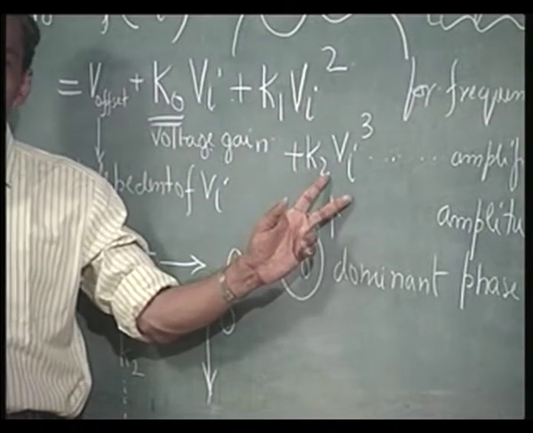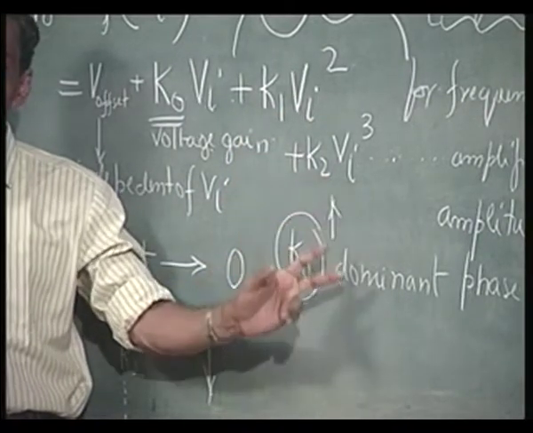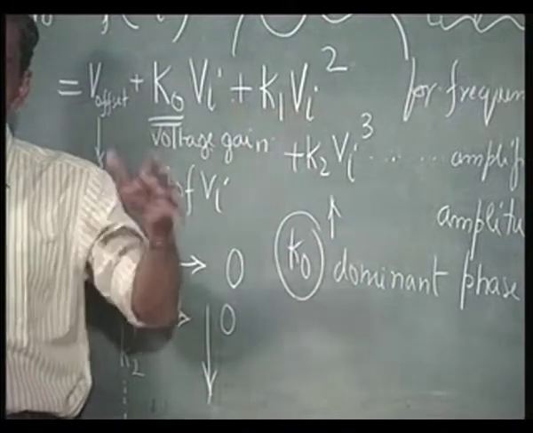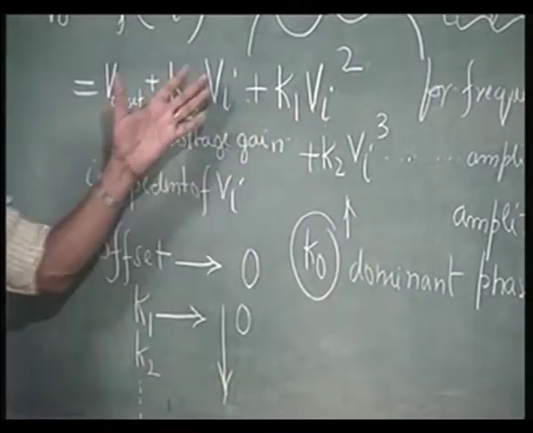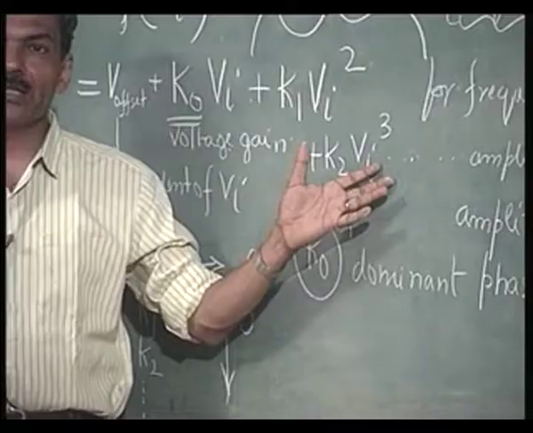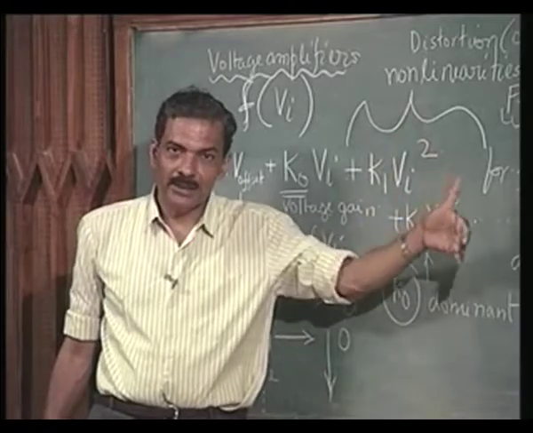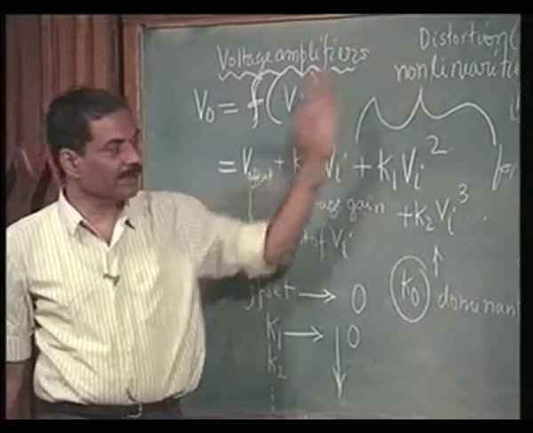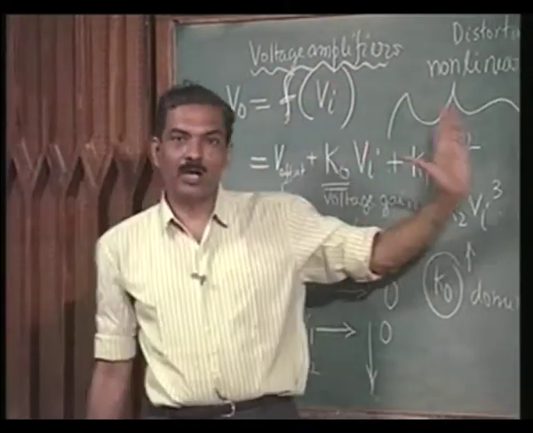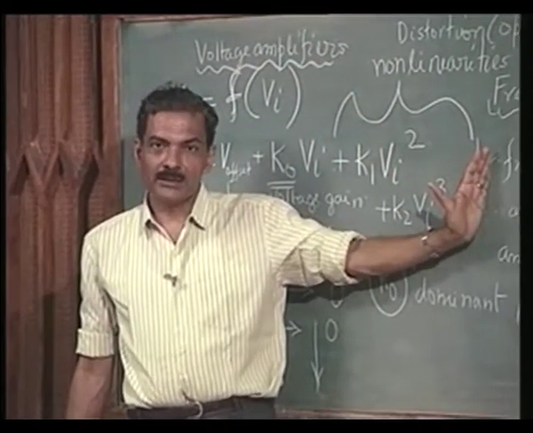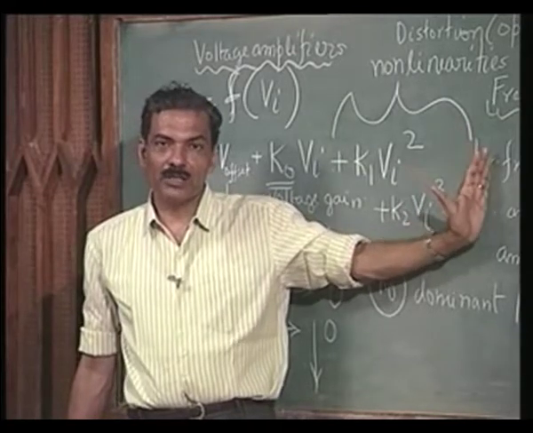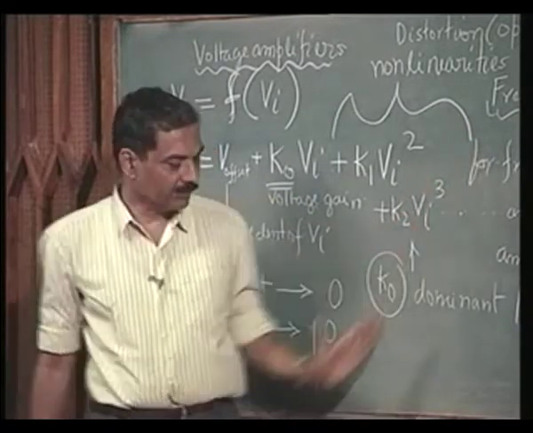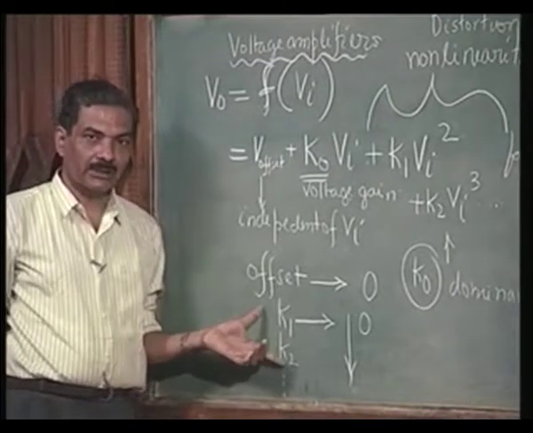Vi cubed will generate a third harmonic, Vi to the power 4 will generate the fourth harmonic, like that. So, all these nonlinearities will create unwanted components at the output. So, that causes distortion. If it is a sine wave at the input, the output will no longer be a sine wave, it will have all the harmonic components also present. That is what is going to cause distortion.